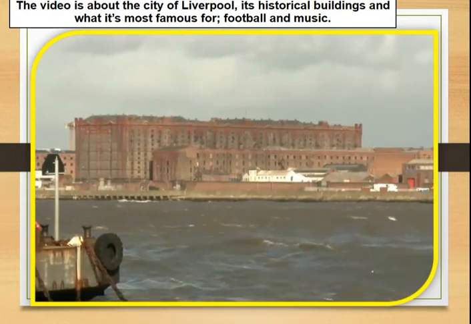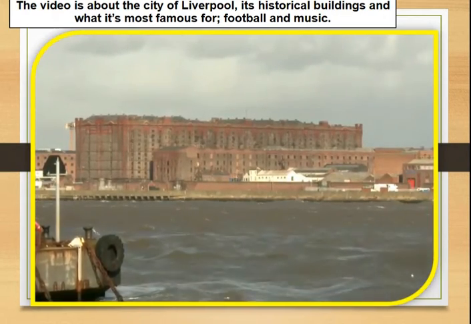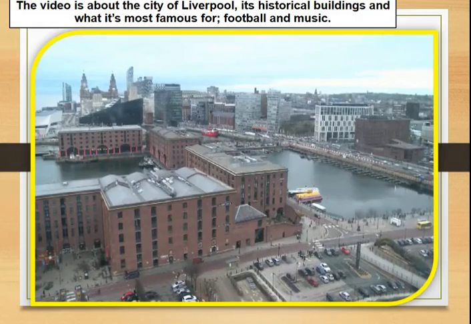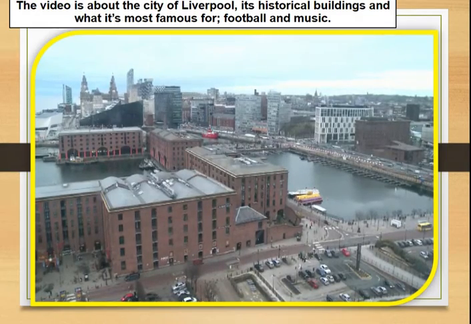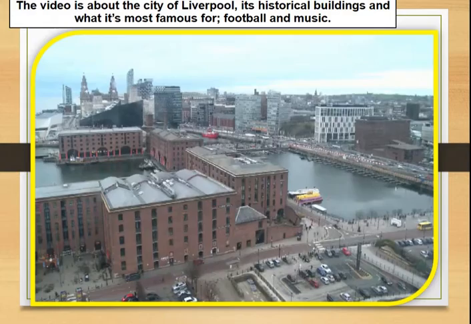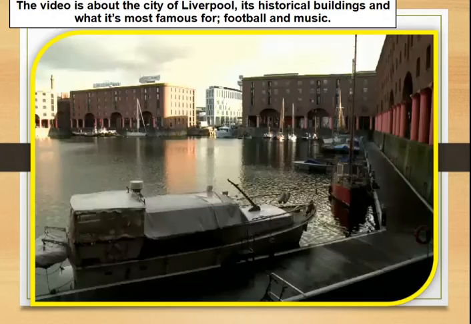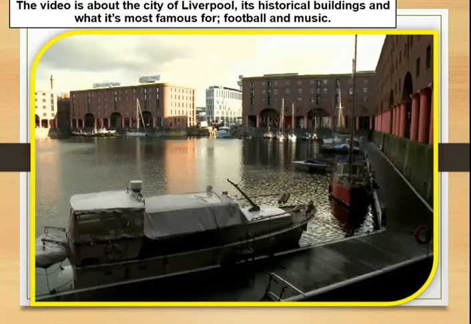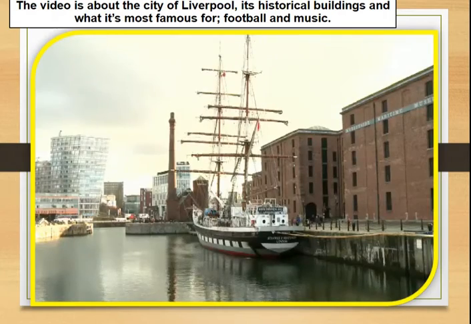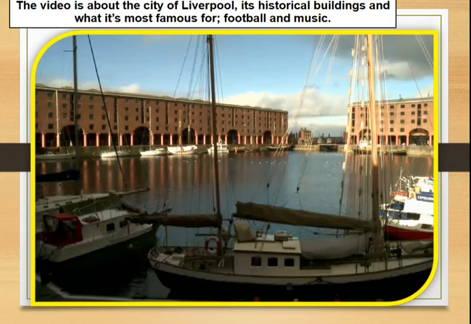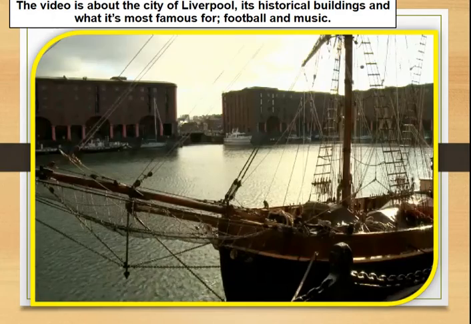Today, the port is a World Heritage Site, and many of the city's most famous places are here. This is Albert Dock. It's part of the port and is 150 years old. It's old, but it's a lot prettier than industrial areas in other English cities.